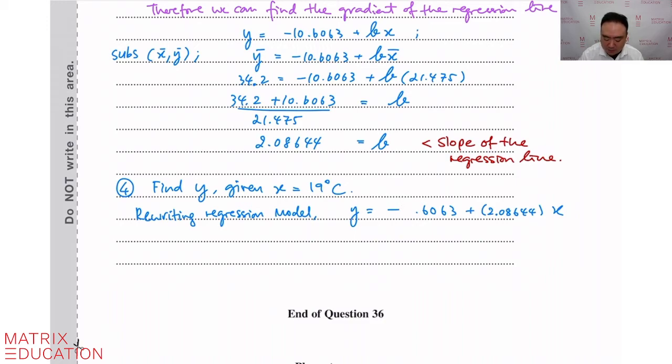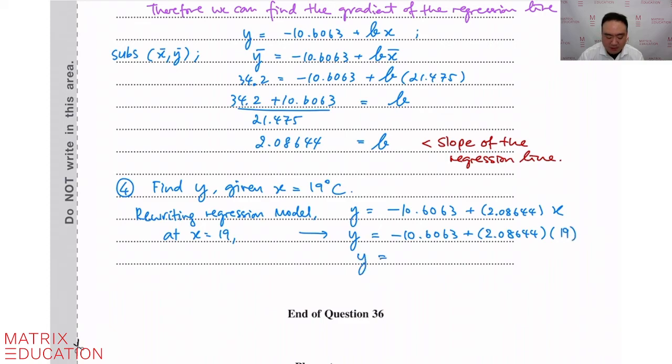That's supposed to be 10. Now at x equals 19, y equals negative 10.6063 plus 2.08644 times 19.